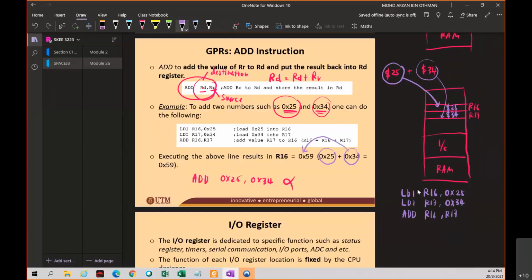So after you execute this line, R16 sekarang ni bukan lagi 25. Okay, dia dah dapat value yang baru iaitu 59. Okay, boleh? Any question?